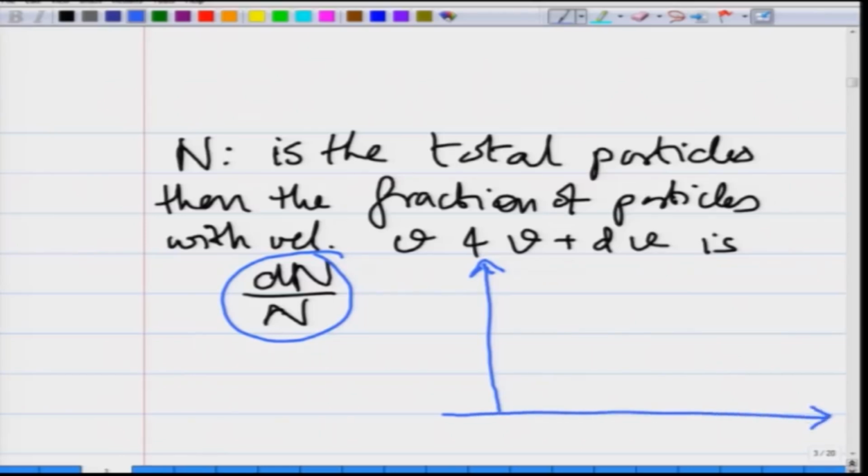If I look at this fraction as a function of velocity or speed, then you will find that it has a particular shape.